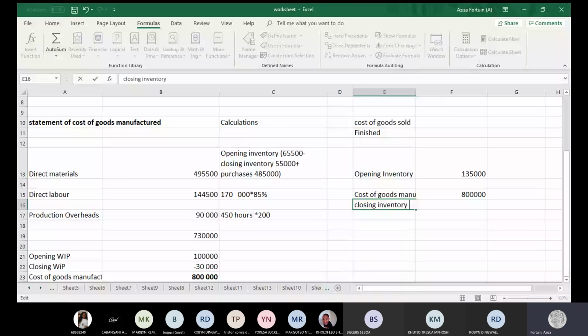We are on page 240, example 8.4. Anybody want to go with the closing inventory? Closing inventory, anybody?